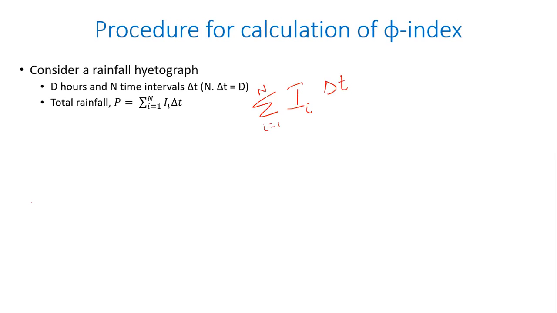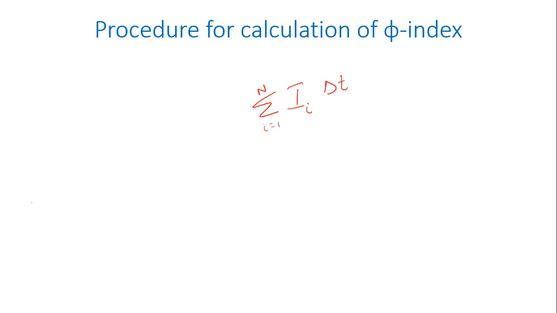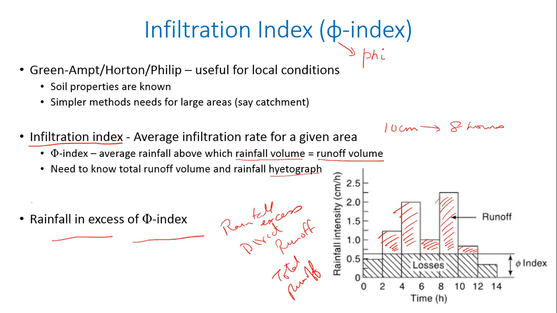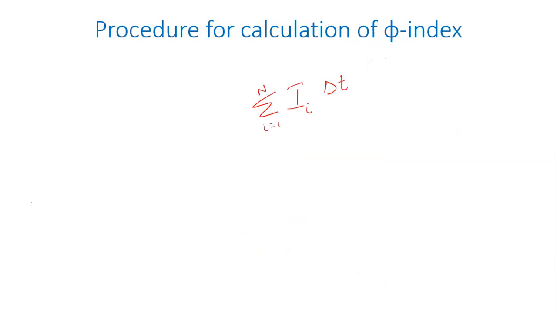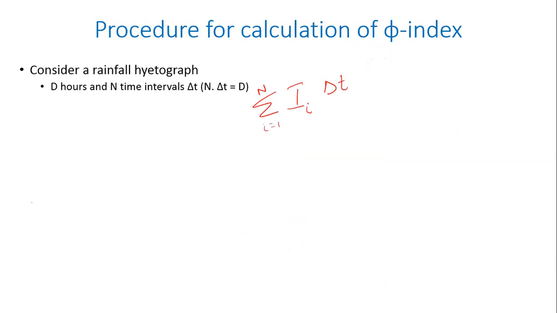Capital I is simply the intensity in every interval of 2 hours. In the first interval, you had an intensity of 0.5 centimeters per hour. The second one was 1.25 centimeters per hour, and so on. So I_i is basically the intensity of rainfall in every given time interval. This is fairly straightforward and doesn't really require any explanation.